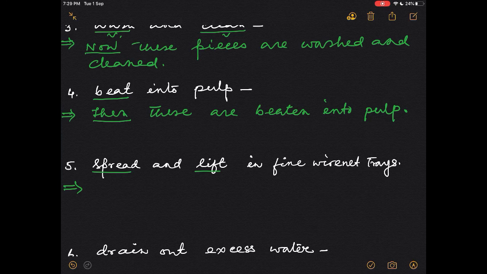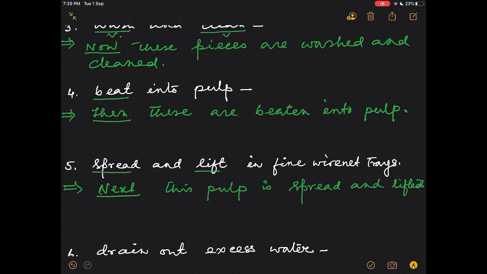Then next, this pulp. Next this pulp is spread and lifted in fine wire net trays. Fine wire net trays. Okay.